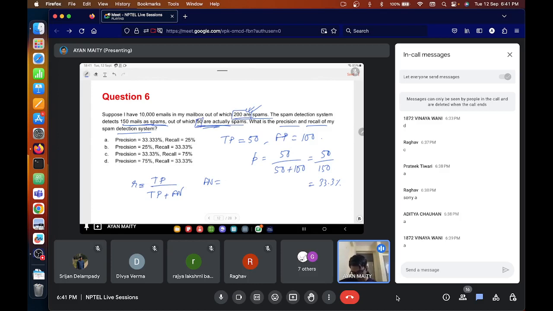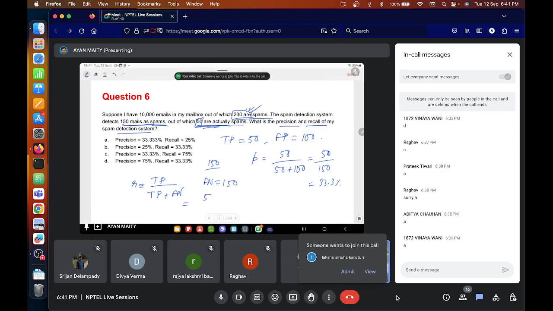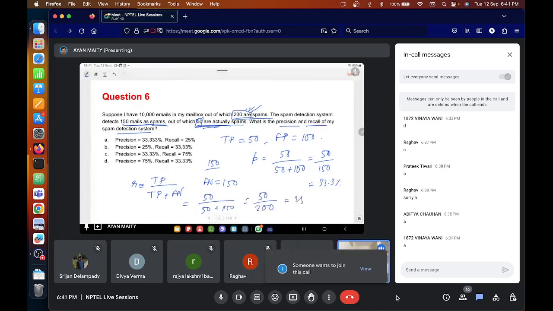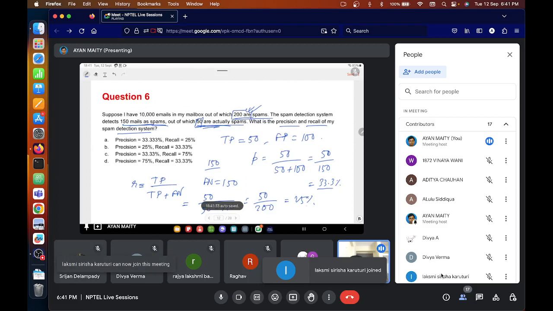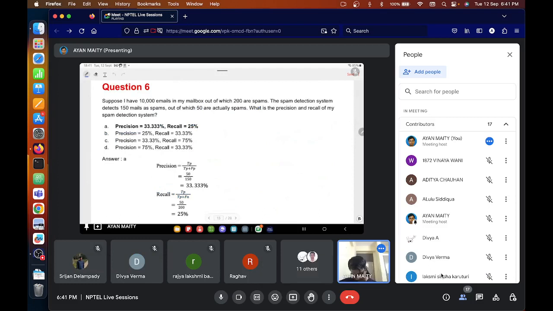So that means 150 spam mails have been detected as negatives, that means non-spams. So the false negative would be 150, so it would be 50 divided by 50 plus 150, which is 50 divided by 200, which is 25%. So 33% and 25%, so option A. So these are the calculations.